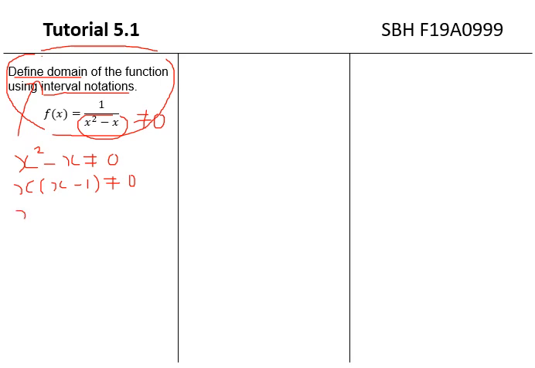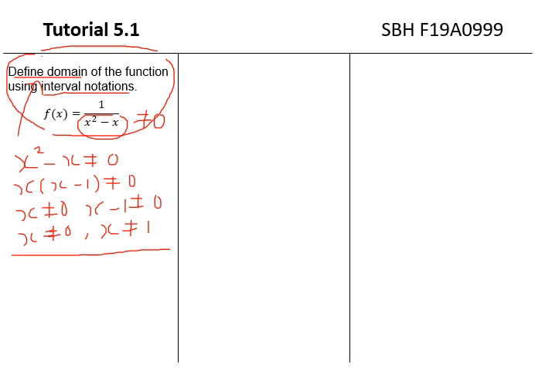So we have two conditions. x cannot be 0 and x minus 1 cannot be 0, or x cannot be 0, x cannot be 1. So now we have the condition so that this function is valid.